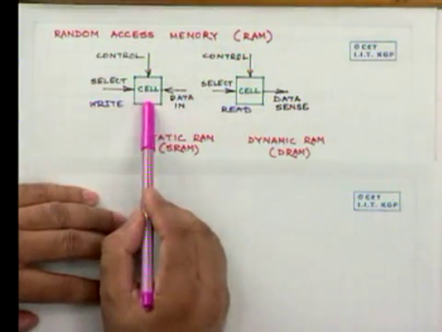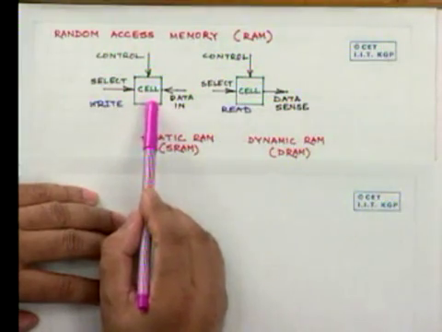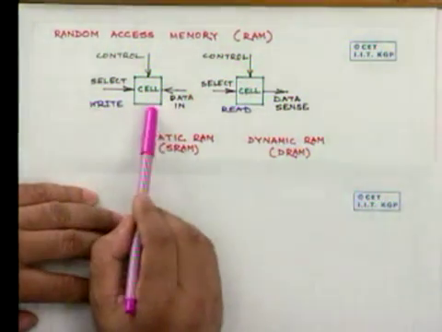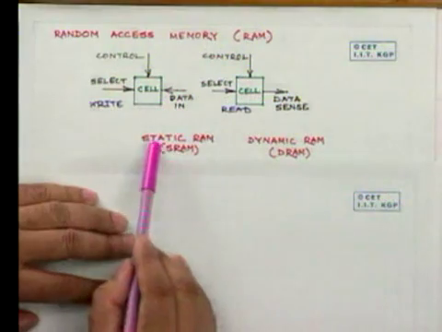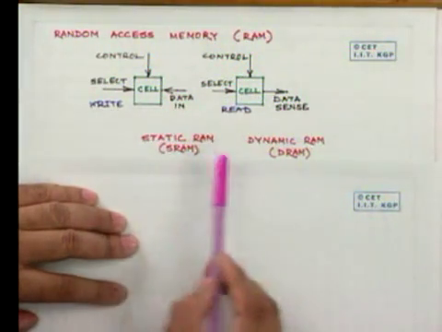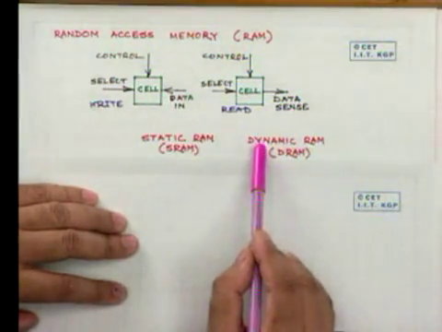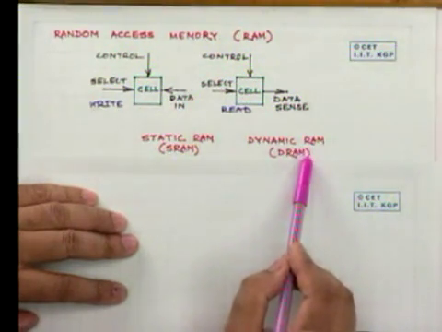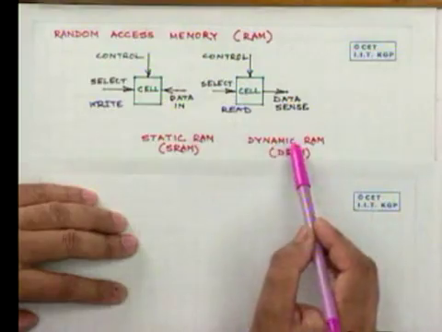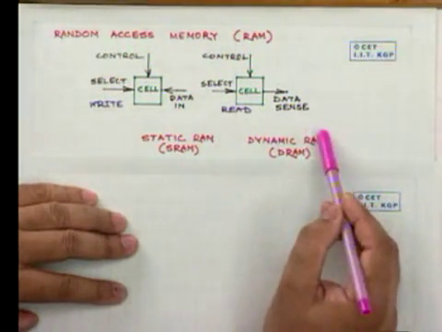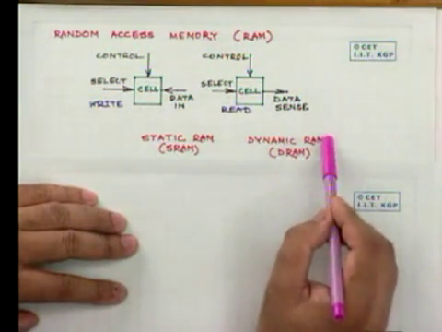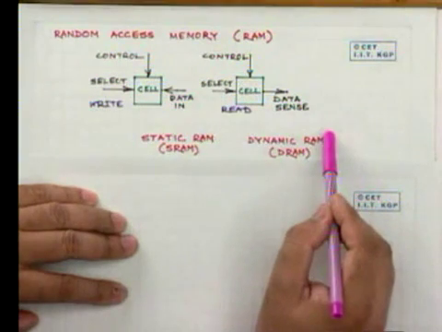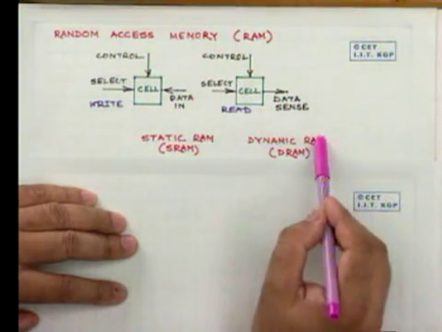Similarly, if 0 is there, it can keep 0 until the power is switched off. That is why we call it a static RAM. In contrast, there is another kind of RAM, we call it a dynamic RAM or DRAM, where the 1 or 0 that we hold starts gradually wiping off.